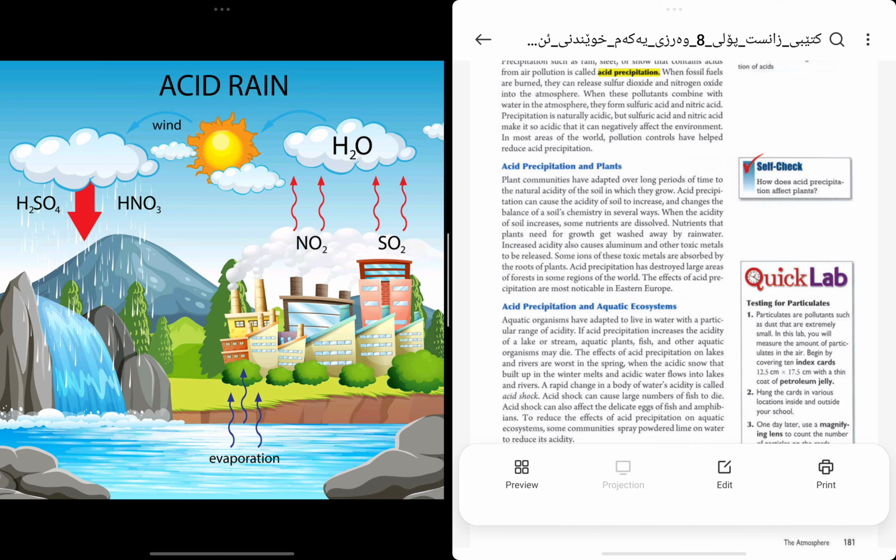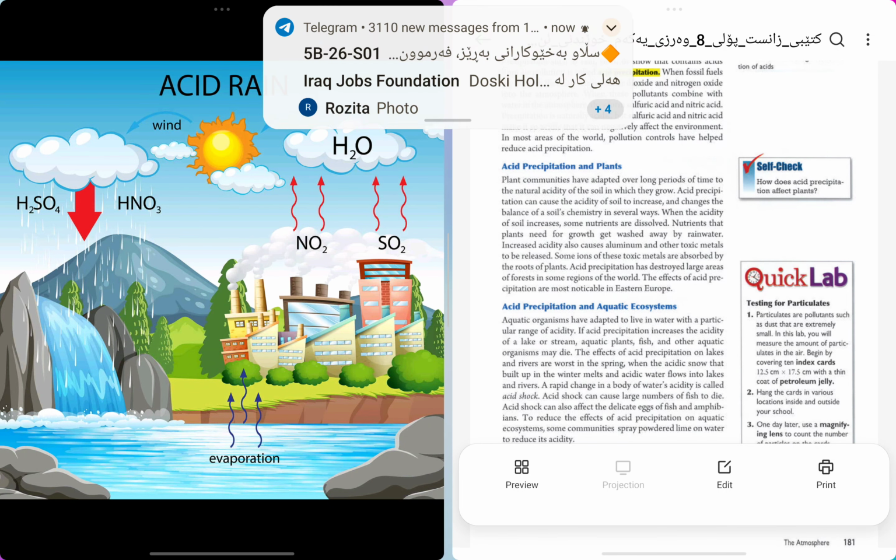So pollution plus water equals acid rain, and it harms life. This is about acid rain.